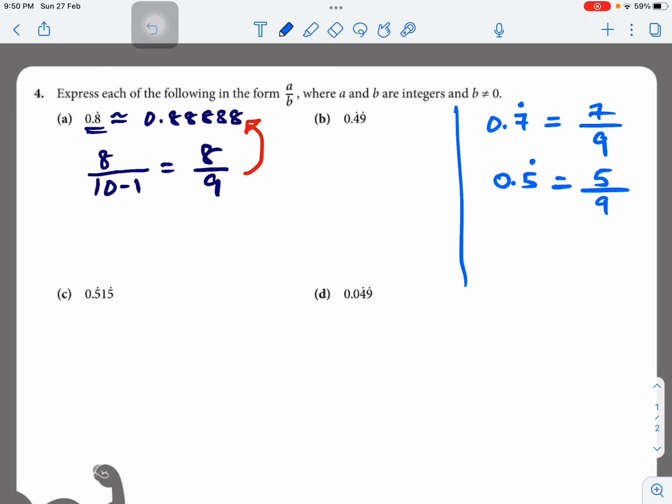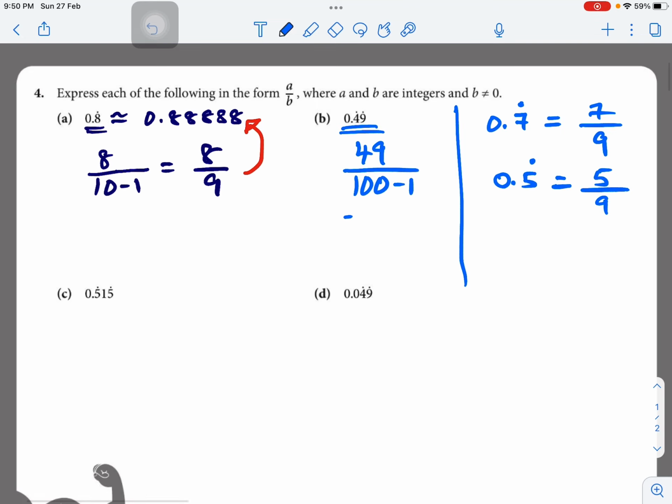So what happens if, like B, you have 49 recurring? Well, if it's 49 recurring, then the closest you can get for this is 49 over 100, right? So we write 49 over 100, and we minus off a 1 here.